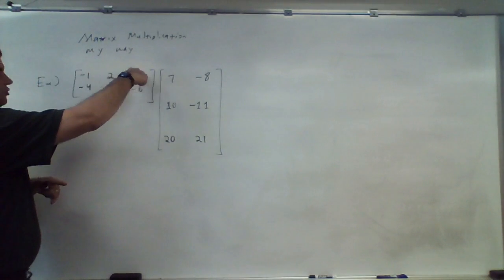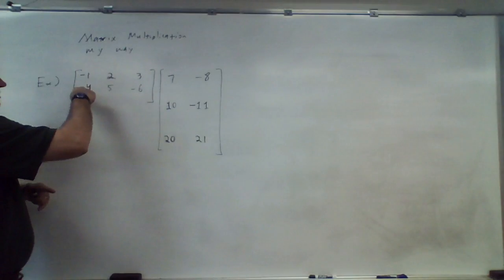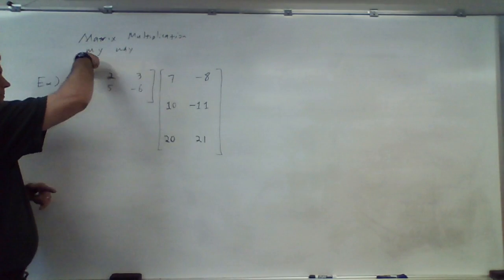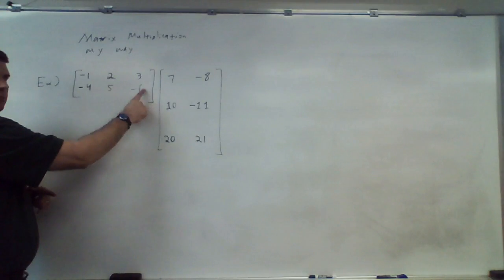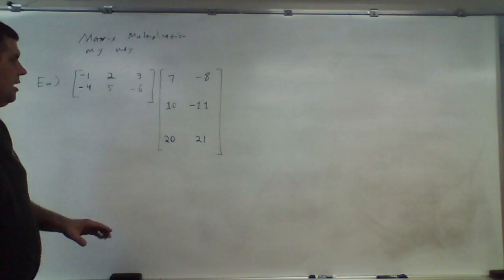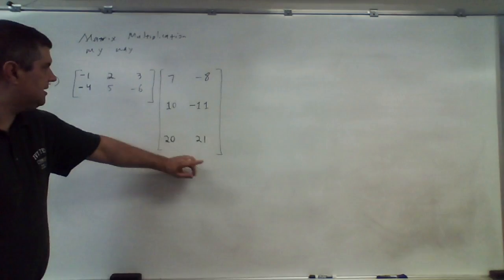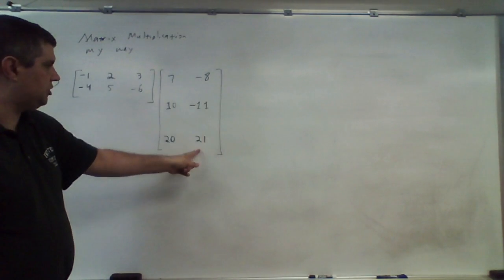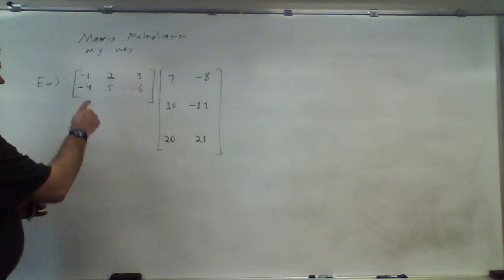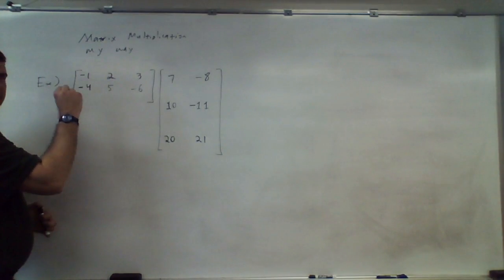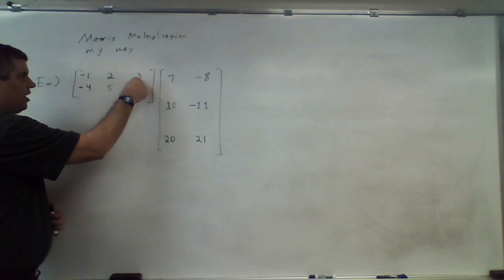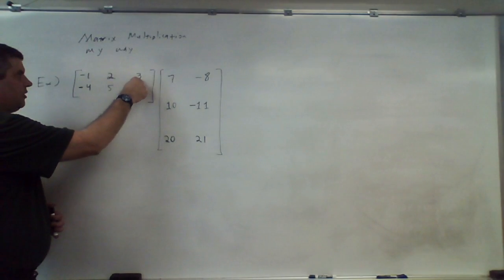This is the first row of the first matrix, the second row of the first matrix. Row 1, row 2. Okay? This is the second matrix, this is column 1, this is column 2. For the first row, this is the first entry, second entry, third entry of the first row of the first matrix.